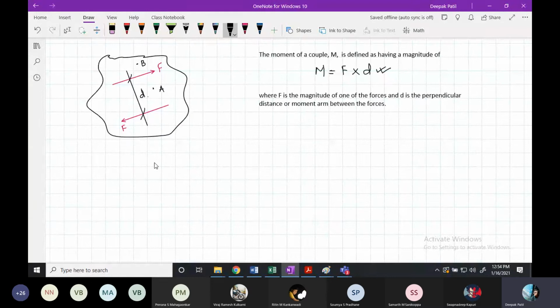Okay, let me take first point A, and let me mark with some different color.